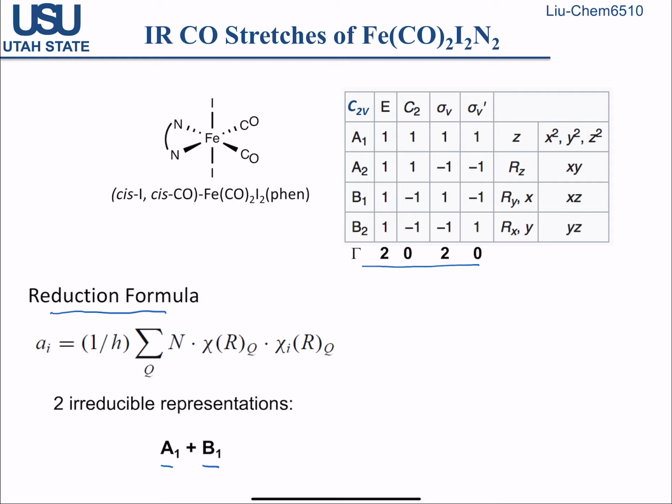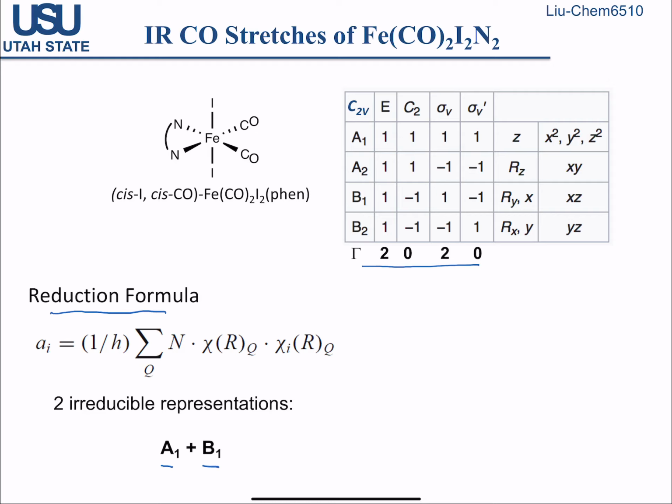You can follow this equation because it's a simple C2v point group, so the character table is simple. You can use this equation, or you can simply test the irreducible representations.